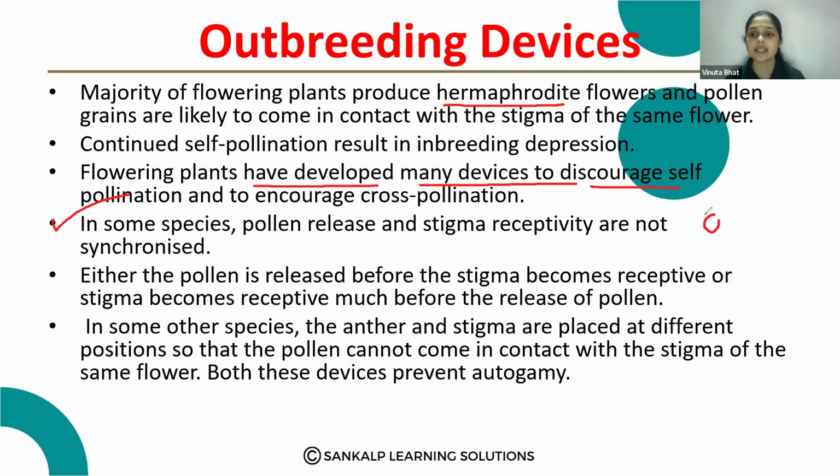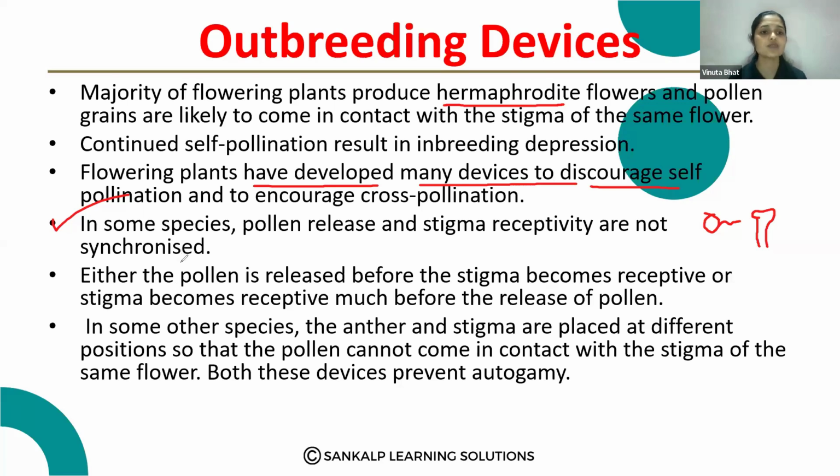When the pollen grains are ready, the stigma has not developed its receptivity and is not able to receive the pollen grains. When the stigma has receptivity, the pollen grains are not ready. So the release of the pollen grain and the stigma receptivity are not synchronized. This is one of the important outbreeding devices developed in flowering plants to avoid inbreeding depression.